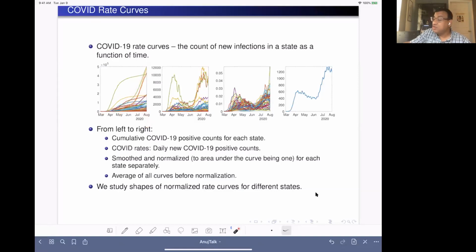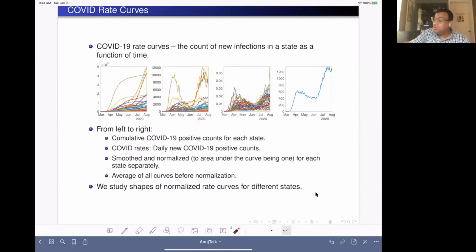What we do is look at the time derivatives. We don't look at the cumulative counts. We look at the new counts every day. So we look at the time derivatives, and they look like this. Furthermore, we want to normalize them because some states are smaller and some states are bigger.